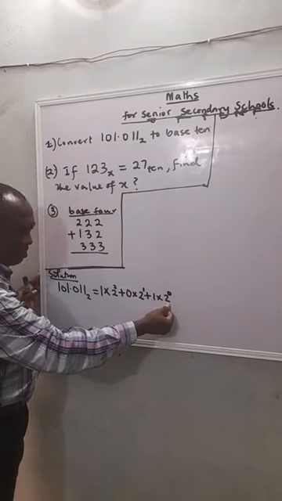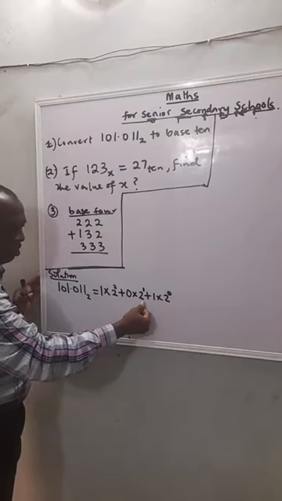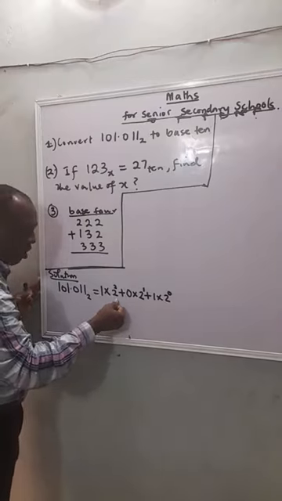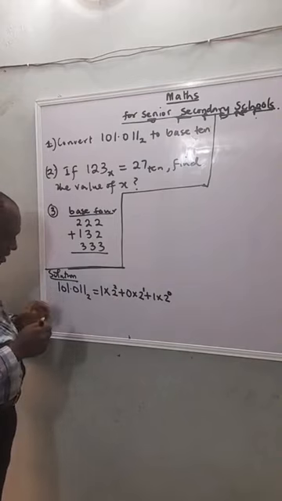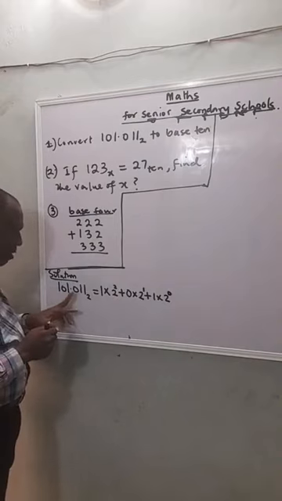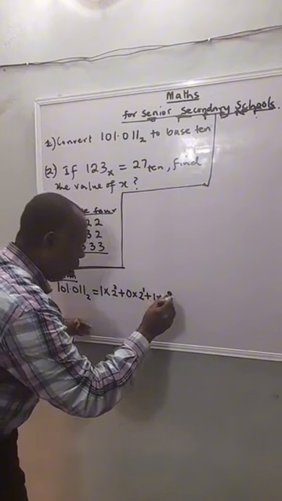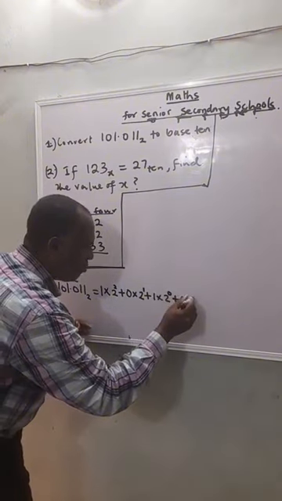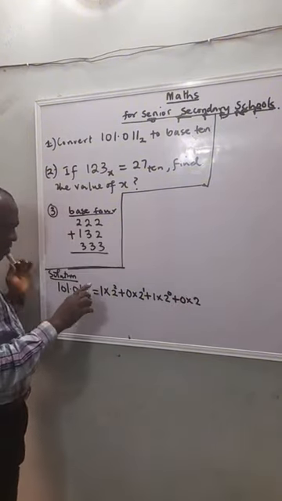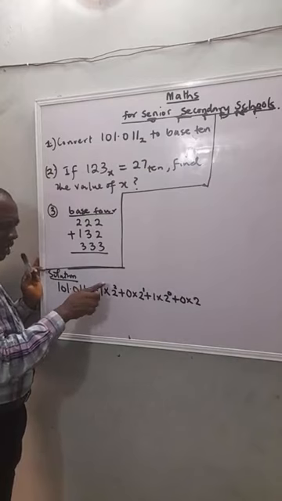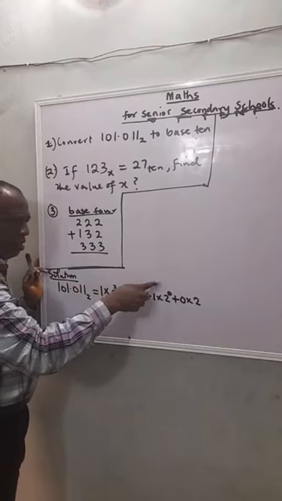Multiplication: raise the base to power 0, raise this to power 1, raise it to power 2. After that, the next number after the point will go this way: plus 0 times 2. If you look at the arrangement, it's in the same order, 2, 1, 0.